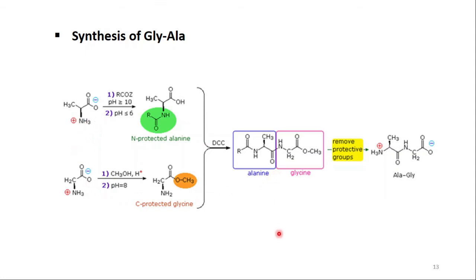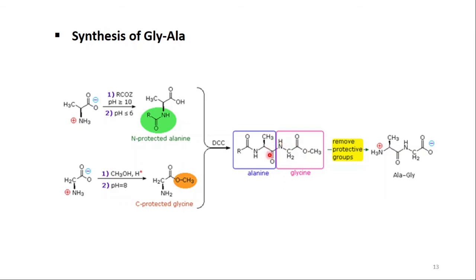On one side we have the alanine part, and on the other side we have the glycine part. In this example you can see it here. The alanine part is CO, NH, CH3, and the glycine part is NHCH2CO.